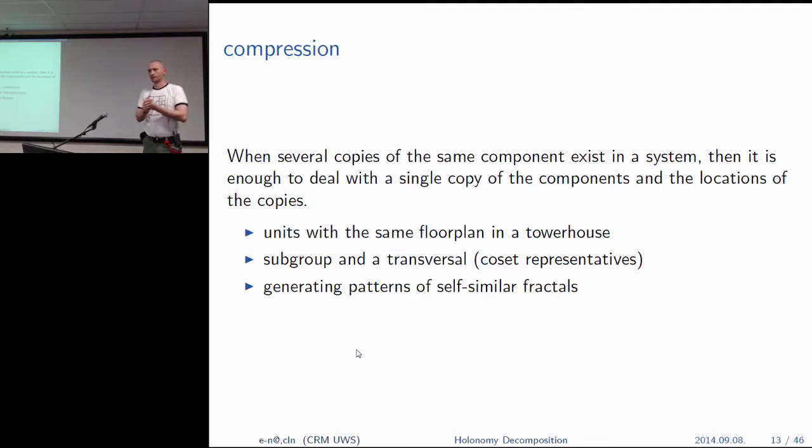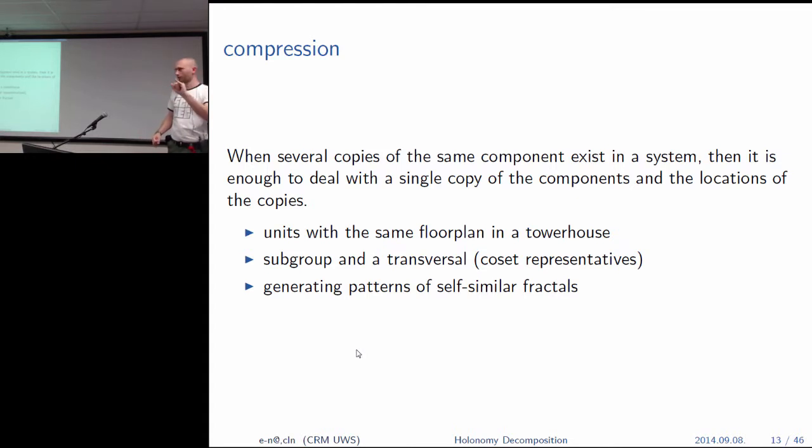The other idea is compression. When you have a complex system and you identify some components and you find that some of the components are of the same shape or they follow the same pattern, you don't have to store everything. You just say, oh, okay, I found this pattern, this subsystem here, here, and here.